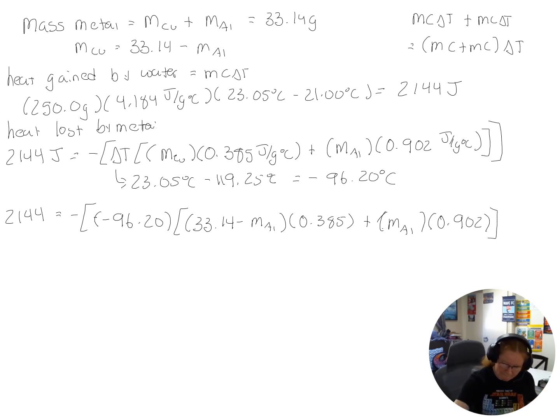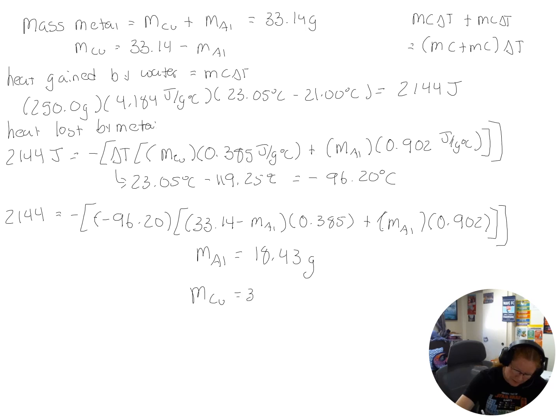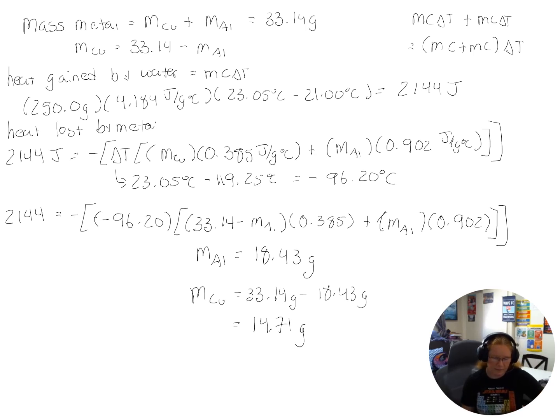All right. And then it's just a matter of doing algebra to solve for the mass of aluminum. When you do algebra, you're going to get the mass of aluminum is equal to 18.43 grams. The mass of the copper is the 33.14 grams minus the 18.43 grams, and you're going to get 14.71 grams of the copper. Okay, so we can put it all together like that.